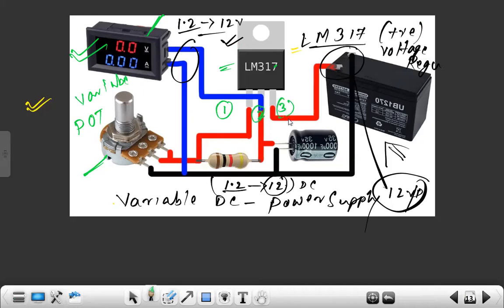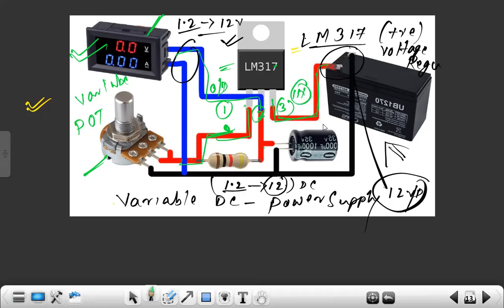Pin number 3 is meant for the input, pin number 2 for the output, and pin number 1 for the variation.